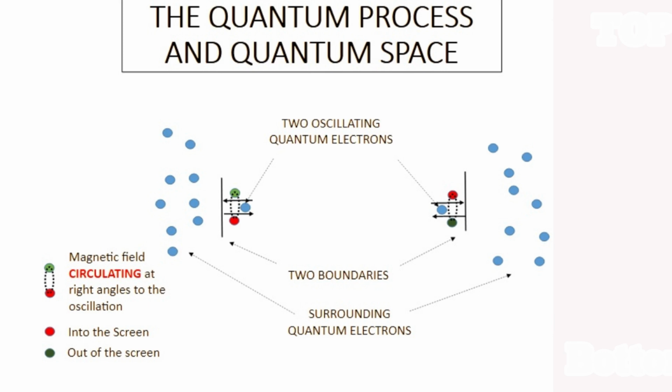We also know that a moving charge generates a two-dimensional magnetic field at right angles to its motion. So each quantum electron generates three dimensions, one of electricity and two of magnetism. Each quantum electron generates a tiny quantum piece of three-dimensional space.